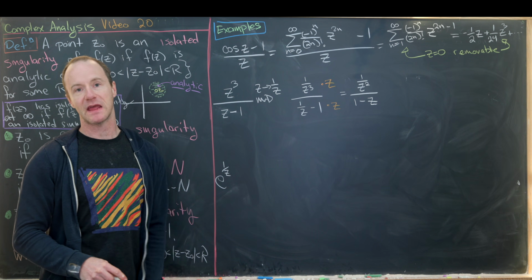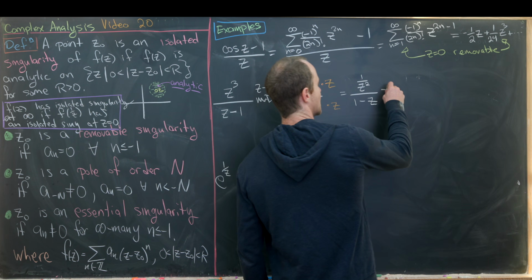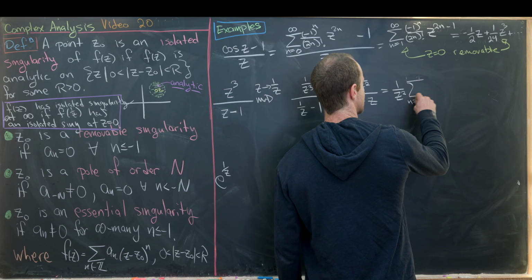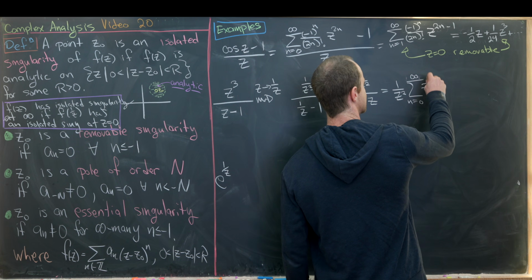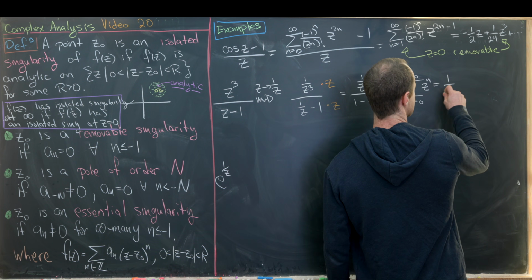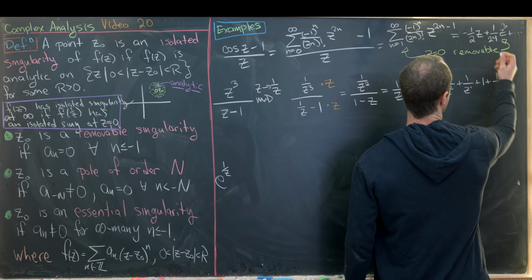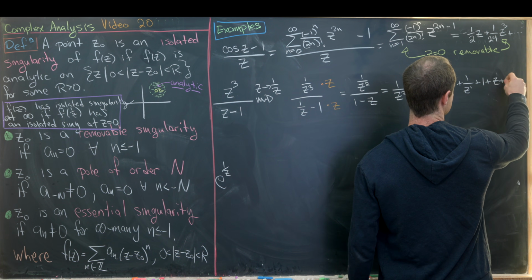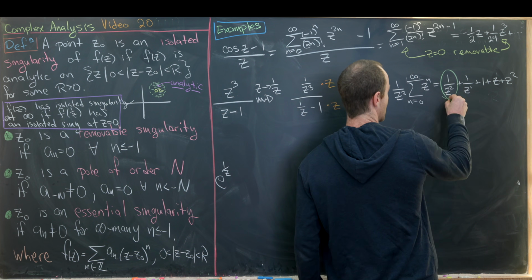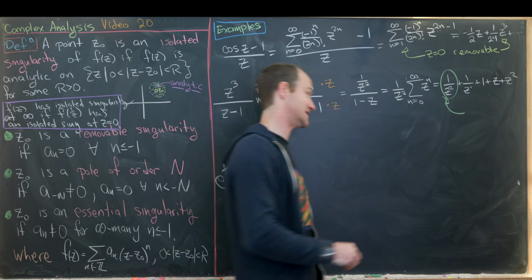But now we can expand that denominator as a geometric series. And that's going to give us 1 over z squared times the sum as n goes from 0 up to infinity of z to the n. That means that here we get 1 over z squared plus 1 over z to the first plus 1 plus z squared. Now notice that means that this transformed function has a pole of order 2 at 0.